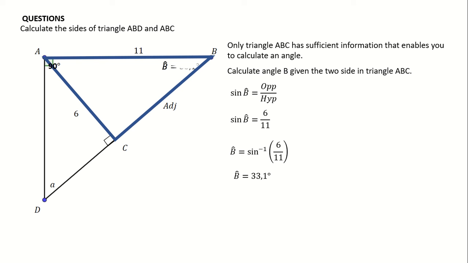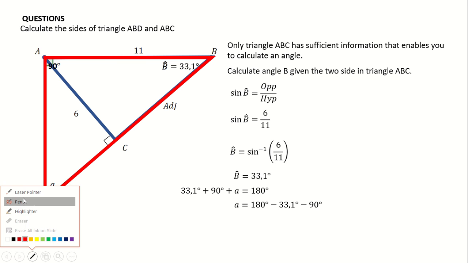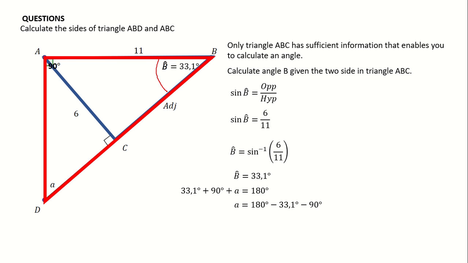Now once you have angle B, which is 33,1, you can now start calculating angle A. So now we're focusing on the red triangle.